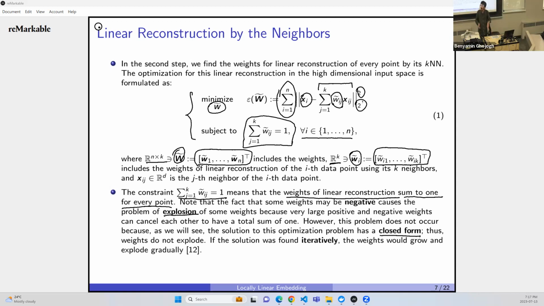How did I know that? I hadn't noticed that this constraint has this big problem. How did I find out? I developed a new algorithm inspired by LLE for images using the structural similarity index, or SSIM. If you don't know what SSIM is, search it. The idea of SSIM is that mean squared error is not a good measure of difference of images for the human visual eye.